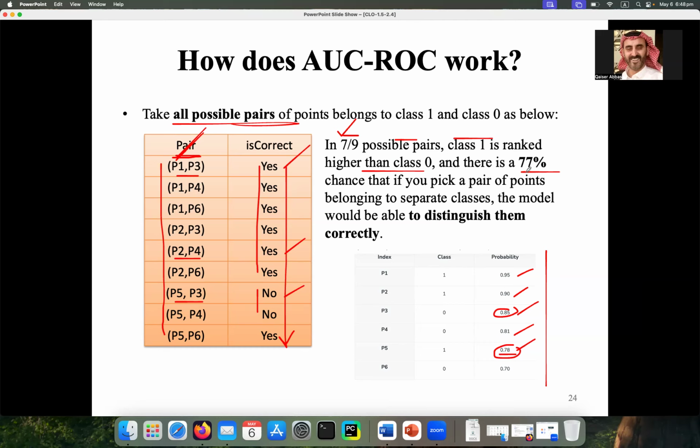So there is a 77% chance that if you pick any pair from it, your model will be able to distinguish them correctly. If you give it any pair, there is a 77% chance that your model will predict it correctly.